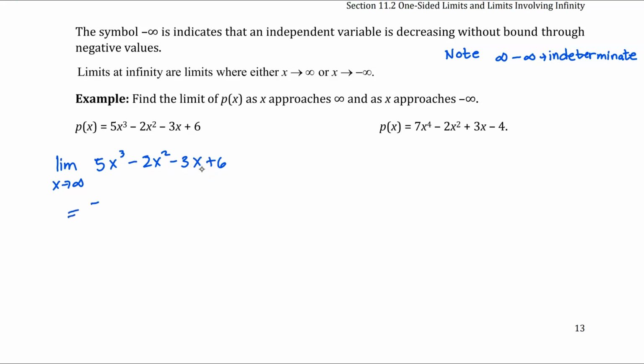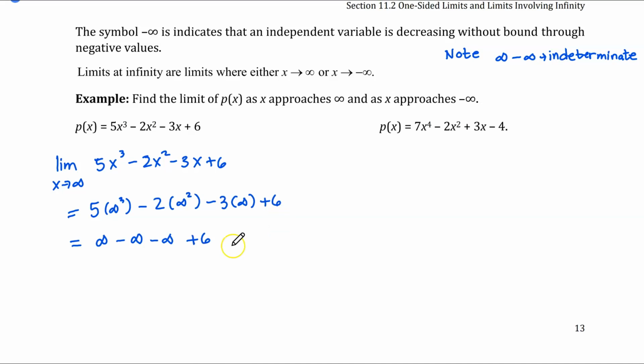So here we will have 5 times infinity cubed minus 2 times infinity squared minus 3 times infinity plus 6. Infinity cubed times 5 is positive infinity. Infinity squared is positive infinity, times negative 2, that means minus infinity. And then minus 3 times infinity is negative infinity, plus 6.